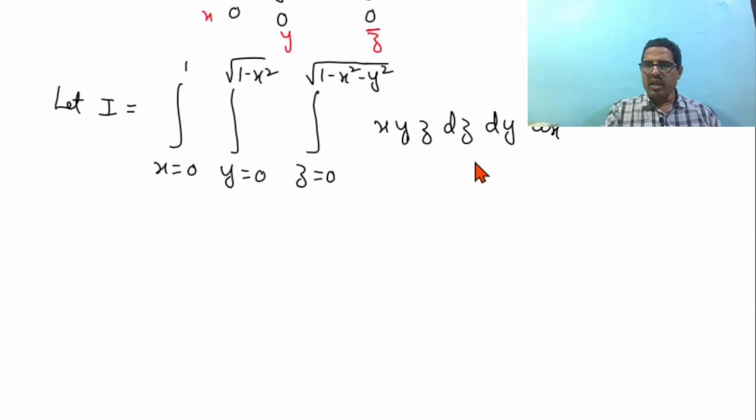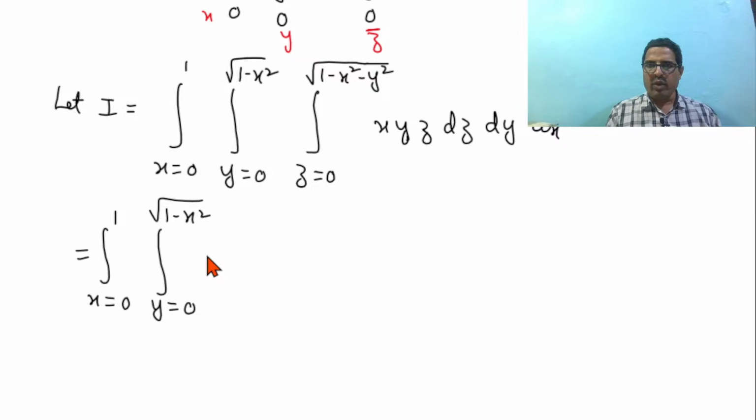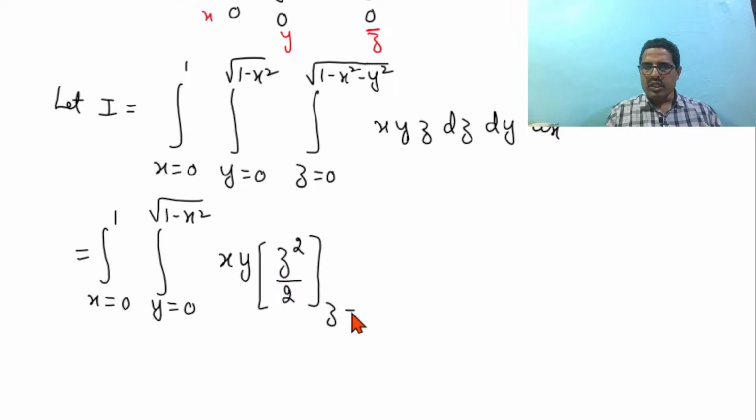First we need to integrate with respect to z. Therefore you can write this integral as the integral x equals 0 to 1, then the integral y equals 0 to root of 1 minus x square. Because I am integrating with respect to z, I will eliminate this integral. You have xy, the integration of z will be z square by 2, with limits z equals 0 to root of 1 minus x square minus y square, times dy and dx.